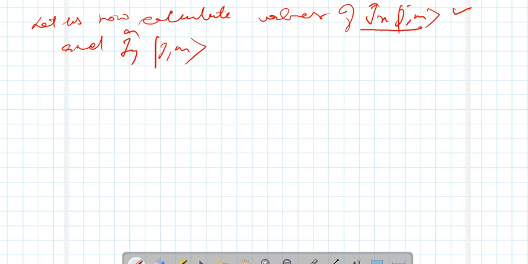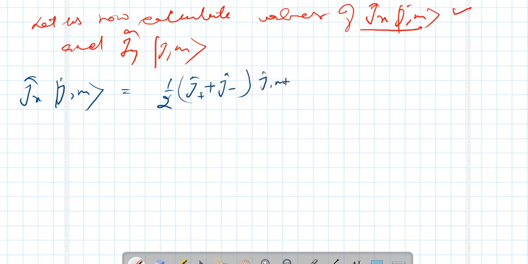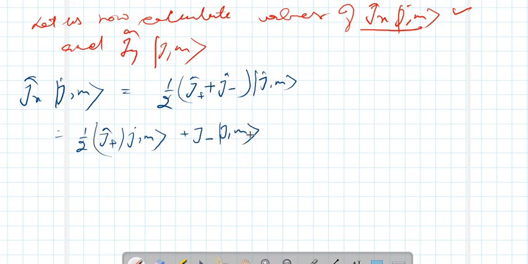Let me write it down as Jx |j m> is equal to 1 by 2 (J plus plus J minus), this is the standard value of this Jx, and it is |j m>. So it's equal to 1 by 2 J plus |j m> plus J minus |j m>, and this 1 by 2 can be taken outside, it is common.